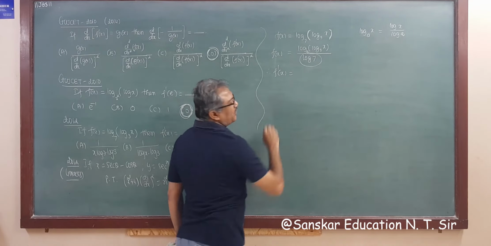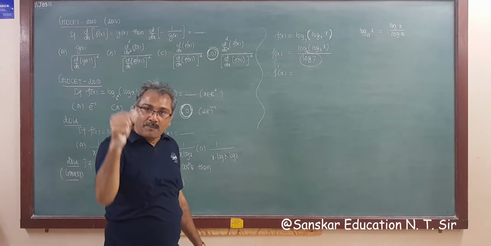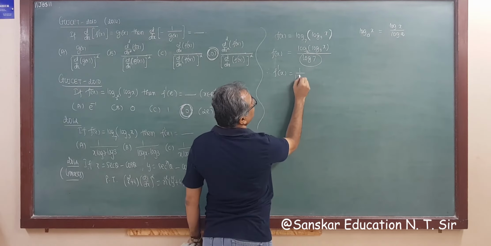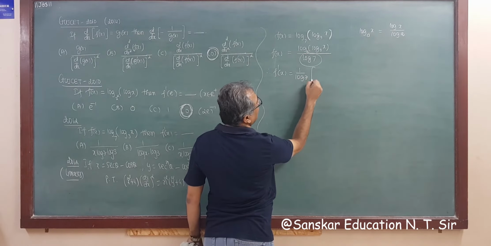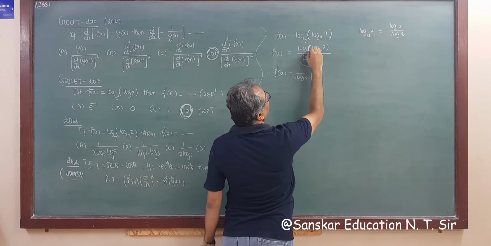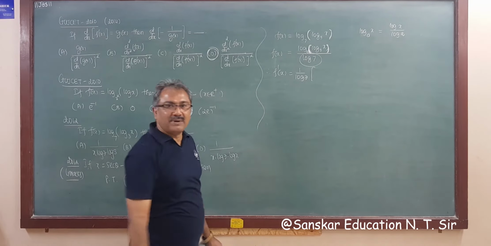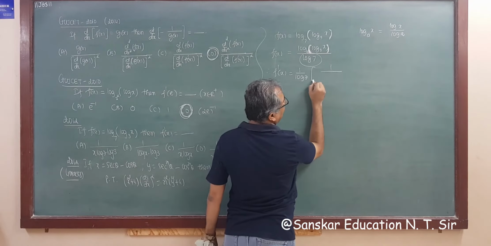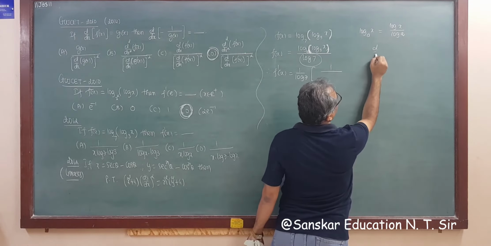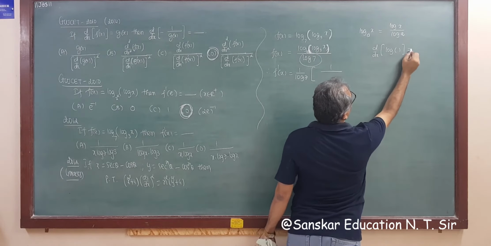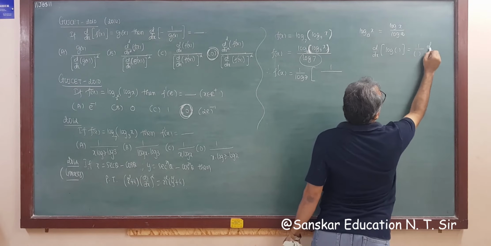Now log 7 is constant, so there is no need to apply the u upon v form because log 7 is constant. So 1 upon log 7 as it is. Now the derivative of log bracket is 1 upon bracket, that you know, right? d dx of log bracket is 1 upon bracket into d dx of bracket.